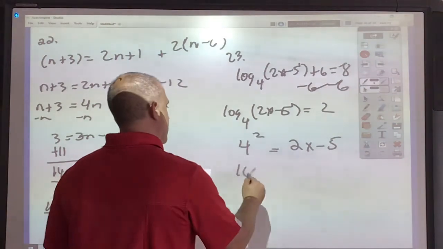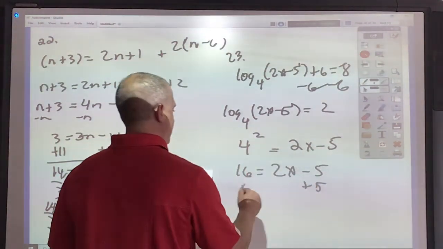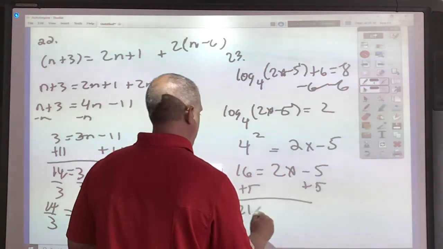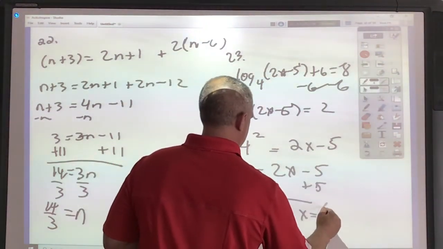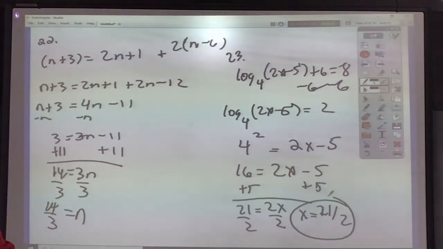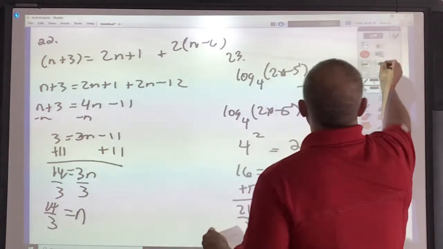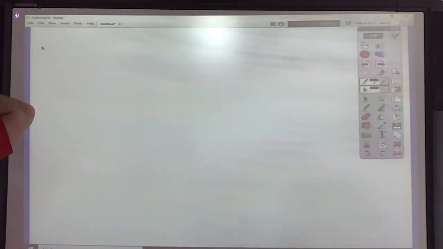Okay, so that's 16. All right, 2x minus 5, add 5. That's 21 equals 2x, divide by 2. X equals 21 over 2. Okay? All right, for question number 24.